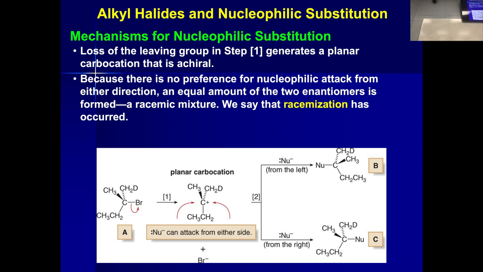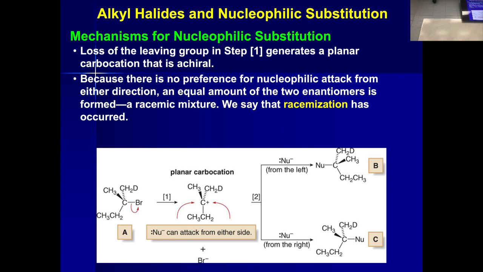And what we find is that when the leaving group leaves, I get a planar carbocation. It's planar. Those 3 groups, there's the plane, right? The nucleophile has equal opportunity to either attack from the front or the back, because it's a p orbital. It can come from the front or the back.